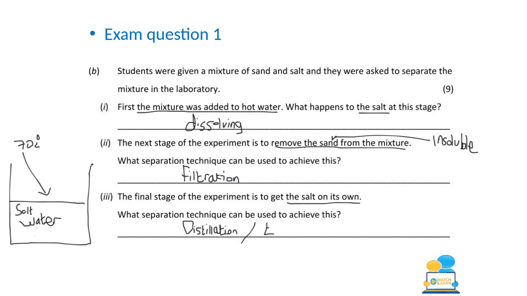And of course, in an exam, you would only need to give one of these. One of these answers will suffice because both of them are correct. So distillation or evaporation can then be used to separate the final two substances and get the salt on its own.